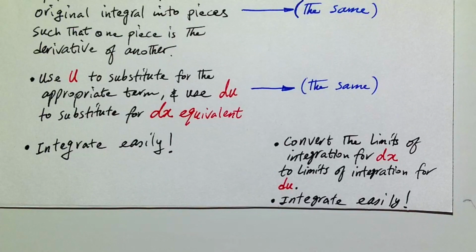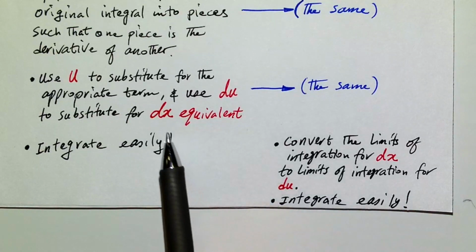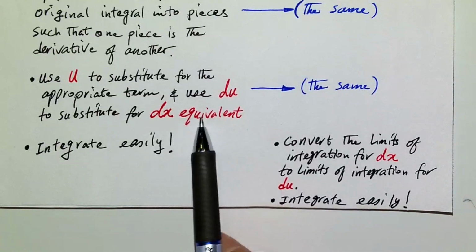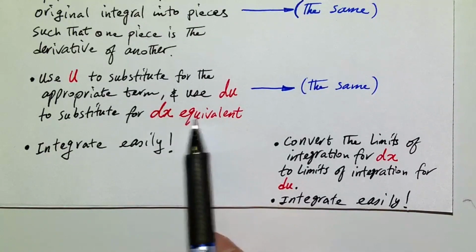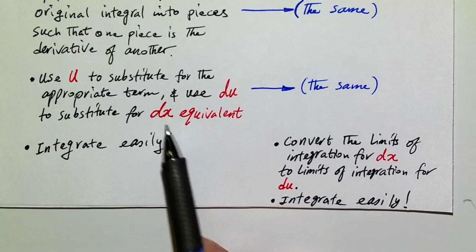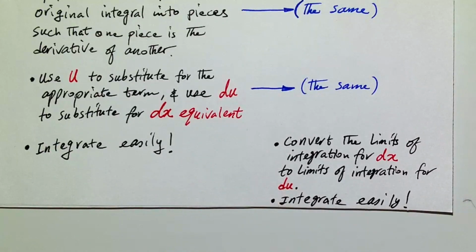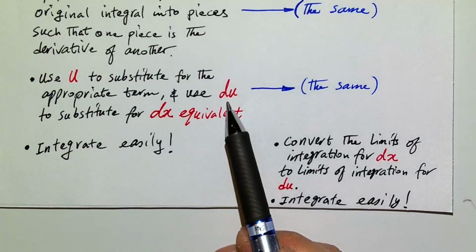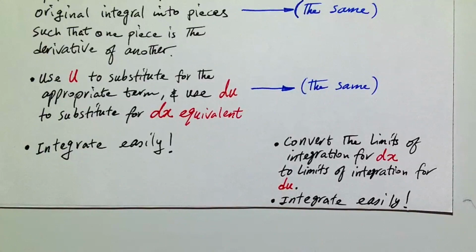Most usually you can substitute for the dx equivalent, meaning dx and some other term, so maybe 4x squared dx, or 1 over 1 plus x squared dx.